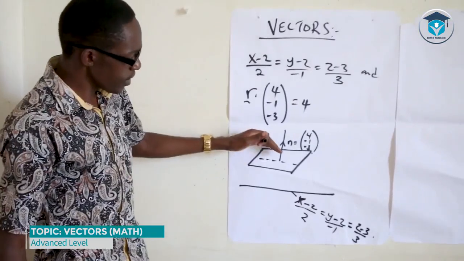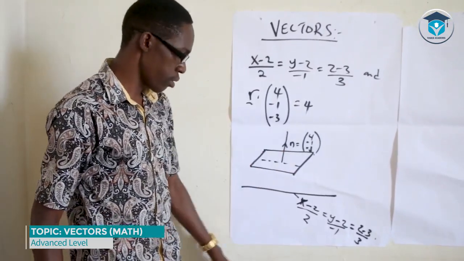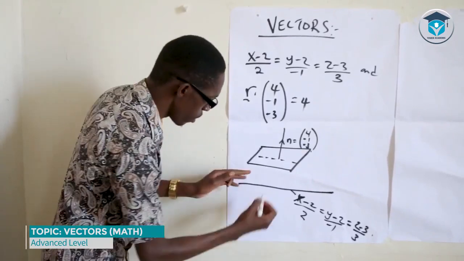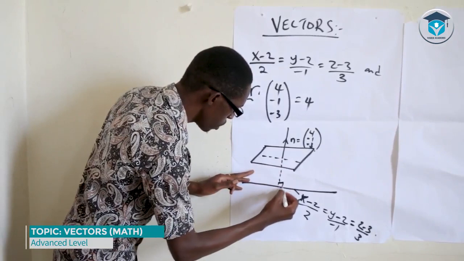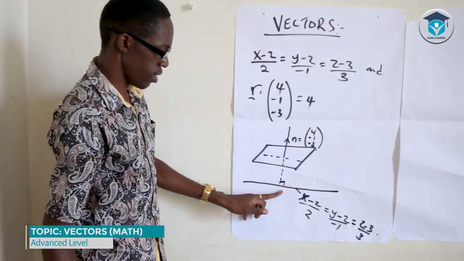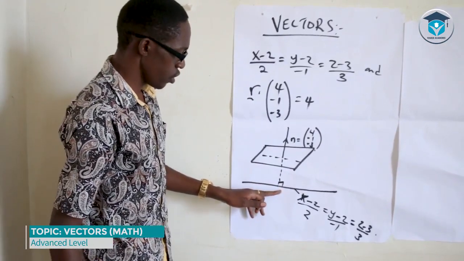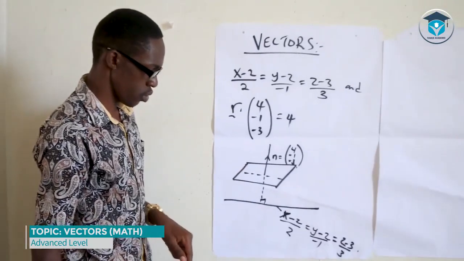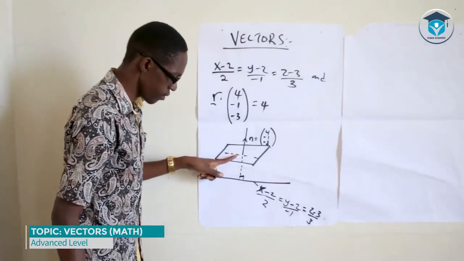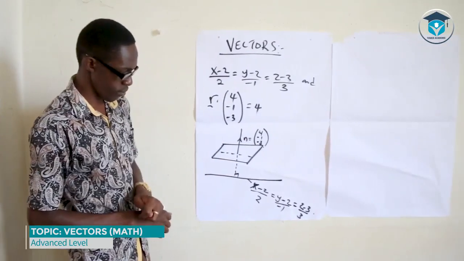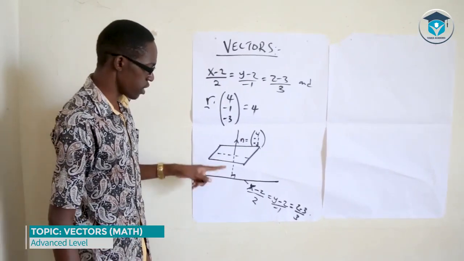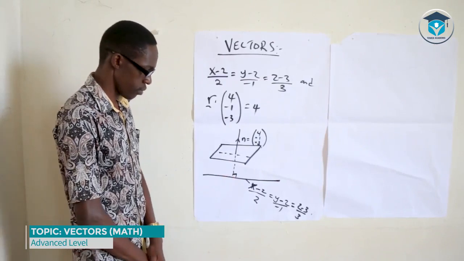For me to show that these two are parallel, I will examine that if this is the normal, it is going to meet this line at 90 degrees. So if I can show that the normal of this plane and the direction of this line are orthogonal, therefore these two are parallel.